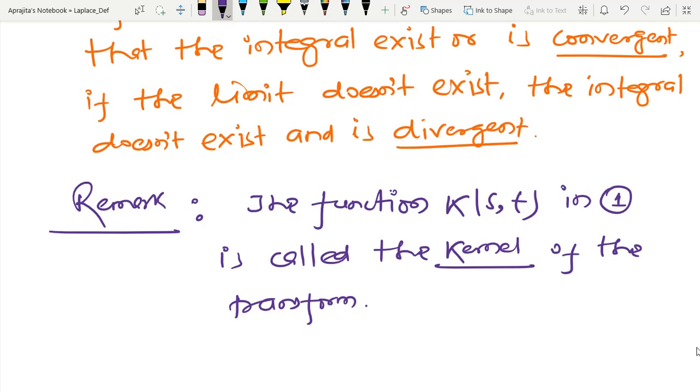That is one of the most important criteria. Otherwise, there is no meaning in the selection of the kernel. Since the choice of K(s,t) is not unique, we understand that in infinitely many ways I can create the integral transform.